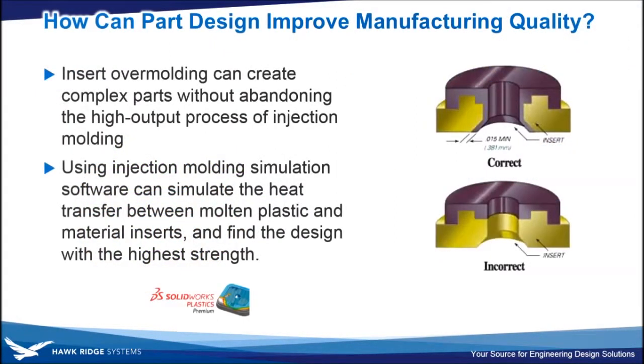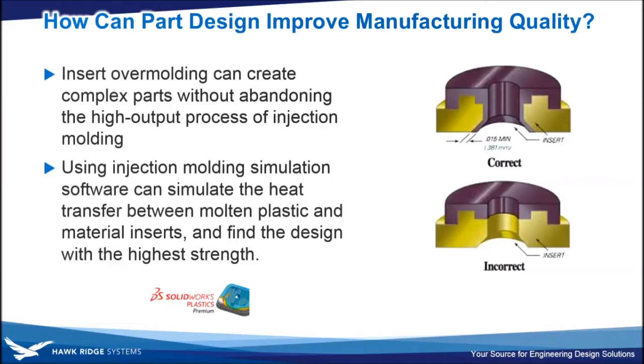So insert overmolding, if you're not familiar, is a manufacturing process that combines injection molding with some other existing type of materials to create a more complex part that does maybe a more sophisticated task.